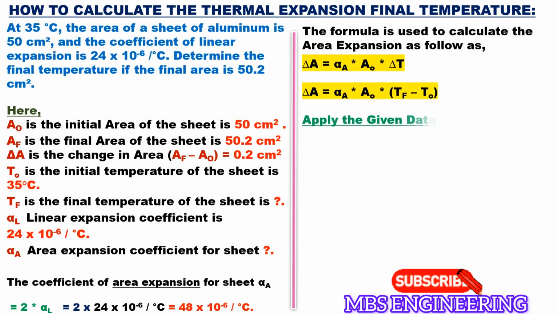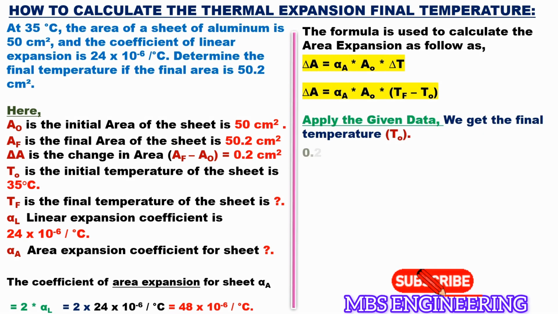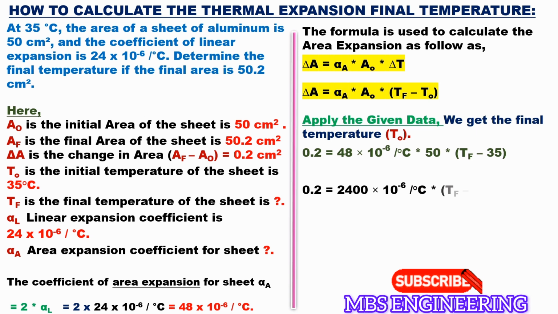Apply the given data, we get the final temperature TF. 0.2 is equal to 48 into 10 power minus 6 per degree Celsius, into 50, into TF minus 35. 0.2 is equal to 2400 into 10 power minus 6 per degree Celsius, into TF minus 35.